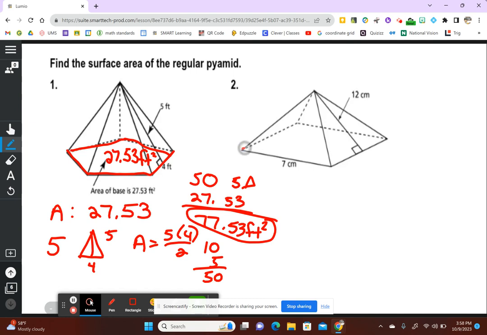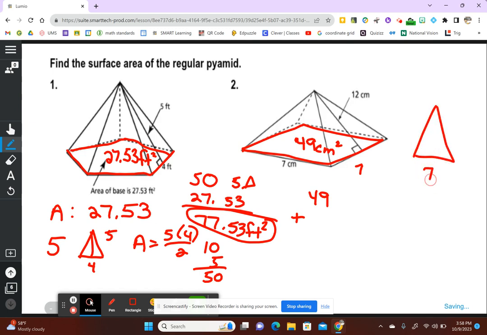Now, this is a square pyramid. So the base is 7 by 7 or 49 centimeters squared. And I'm going to add that to 4 triangles who have a base of 7 and a height of 12. So the area equals base times height divided by 2.